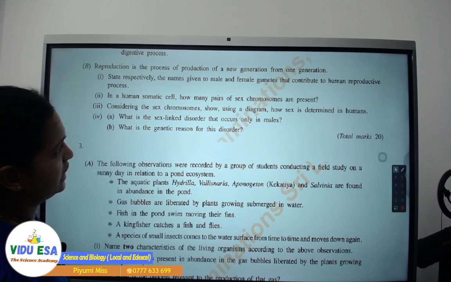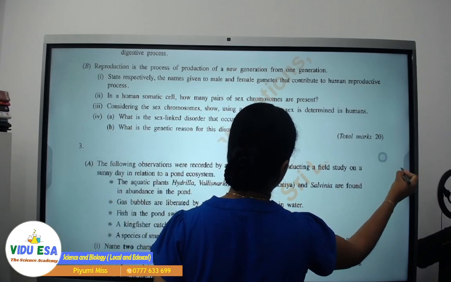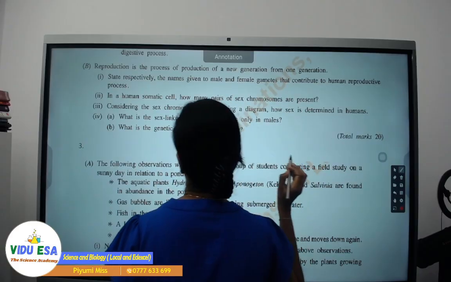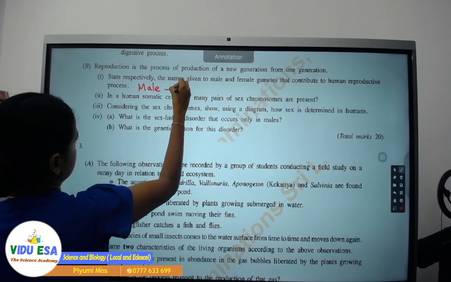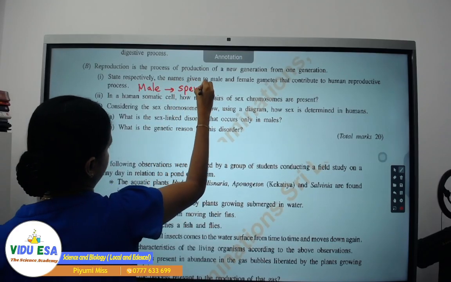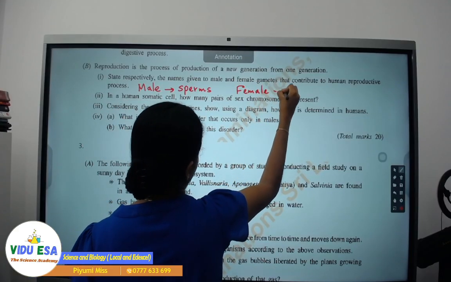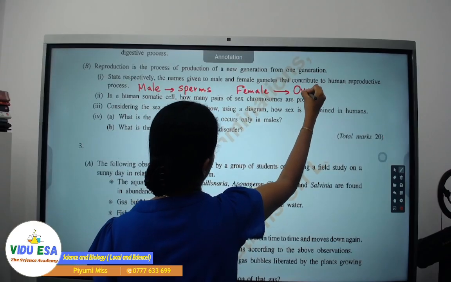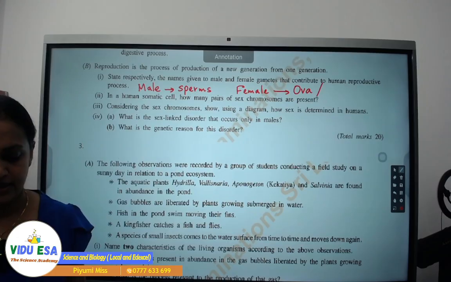Male and female gametes in the human reproductive process. You have to say male, sperms, right? Female, ova or egg cells. Ova or egg cells, right?